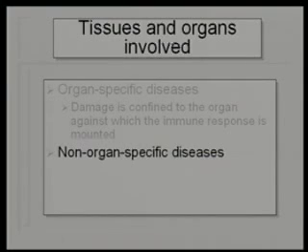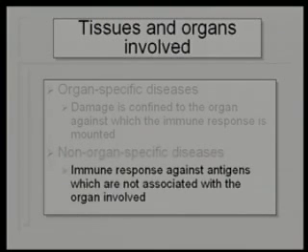So the nephritis that is a part of SLE is not due to antibodies against kidney tissue antigens, but against DNA and other nuclear components, but the kidney is being damaged, so that's non-organ specific.